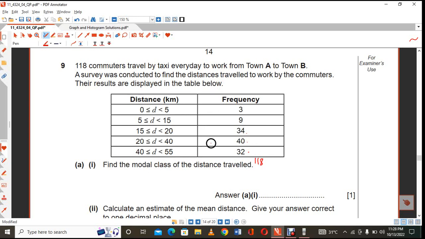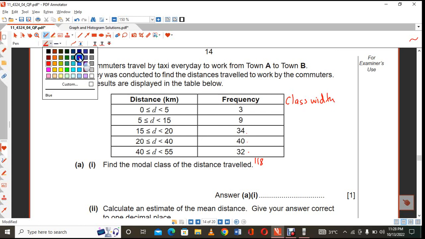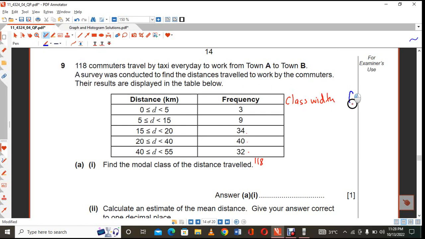So the question asks you for modal class and all those kinds of things, but I want you to do me a favor. You're going to have an extra column here for class width, and we are going to have another one for frequency density. Okay, so we're going to add those values there.